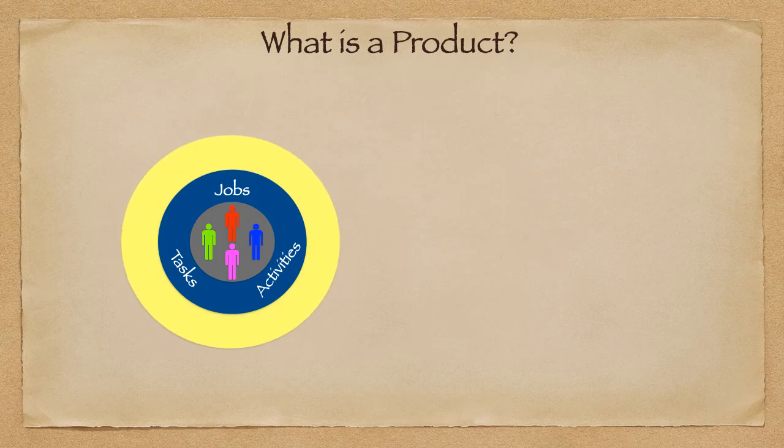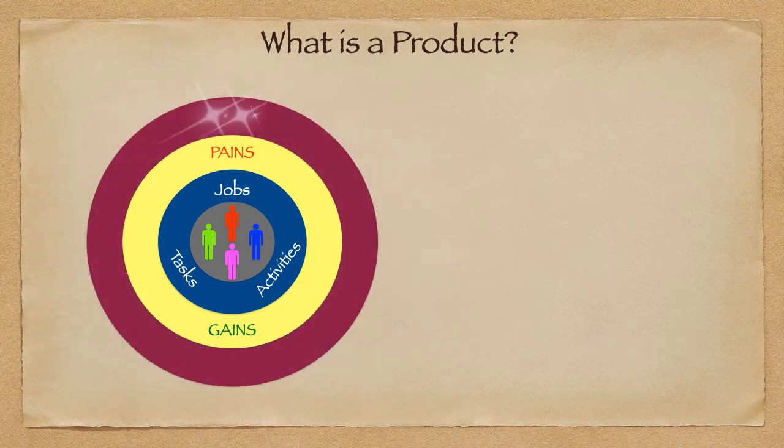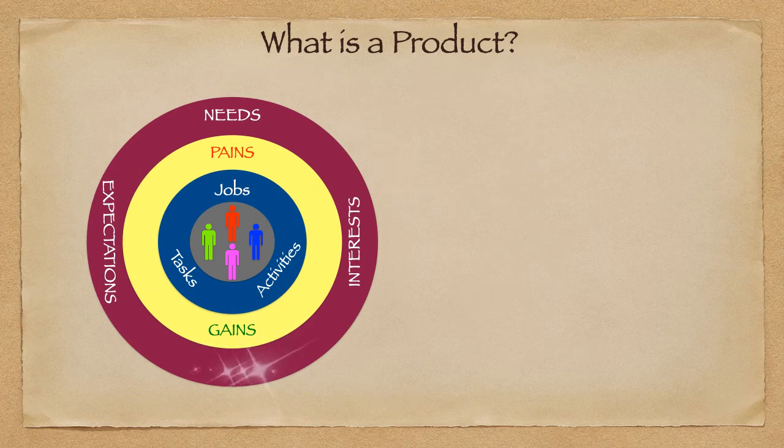Over a period of time, they find some pains in doing those activities or jobs or tasks, or they want to have some gains in doing those jobs, tasks, and activities effectively. Eventually, these pains and gains will become needs or interests or expectations or even concerns.